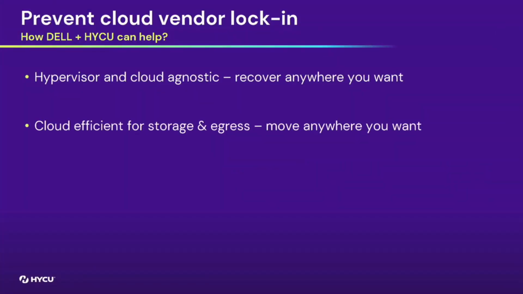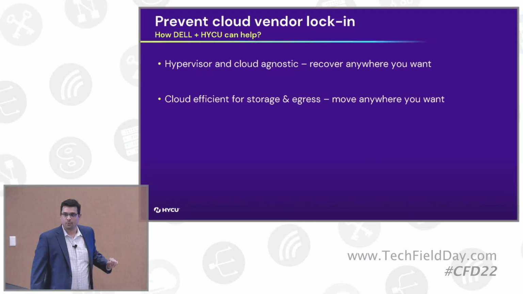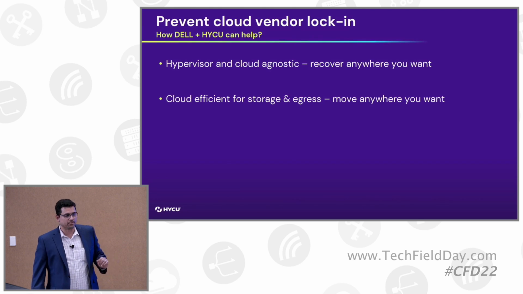We're truly hypervisor and cloud agnostic, meaning you have the ability to back up and recover anywhere. But in addition to that, DDV helps us achieve that level of cloud efficiency with regard to storage and egress costs. So you get to swallow that poison pill, but it's taken in a very gradual way that's not going to kill your wallet, right? And that is how we cater to the cloud mobility story.